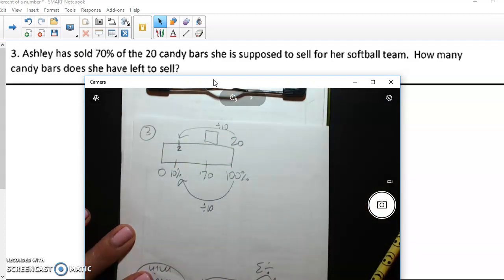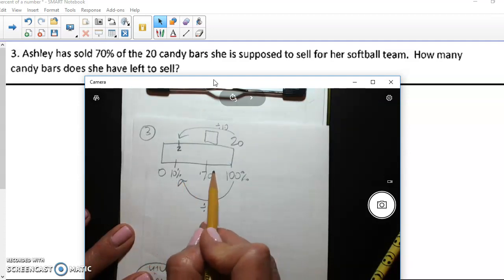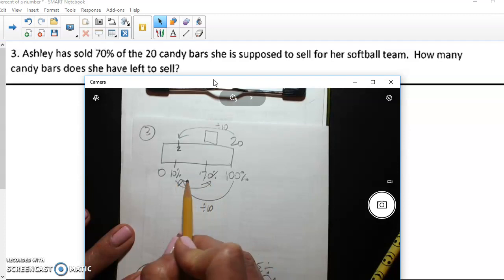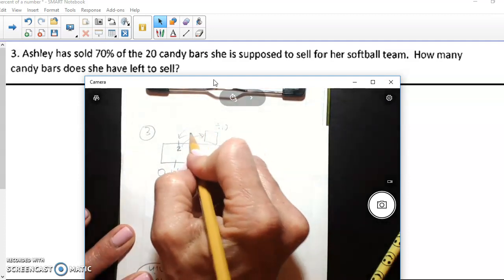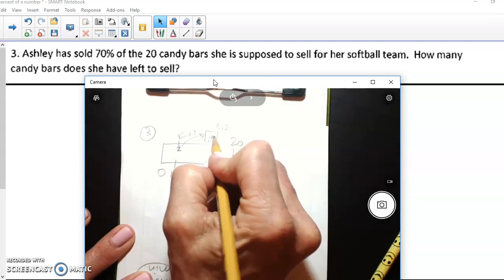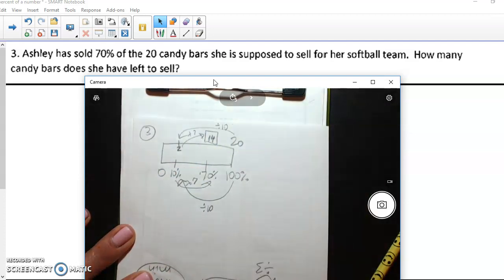So 2 candy bars is 10% of her total. Now, from 10% to 70%, I want to multiply by 7. So 2 times 7 is 14. So 14 candy bars is 70% of her total.